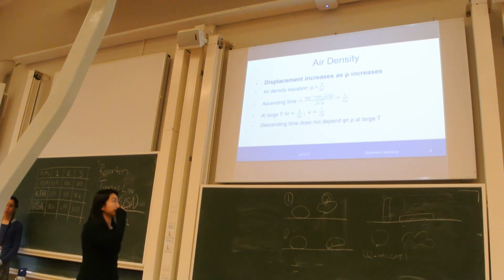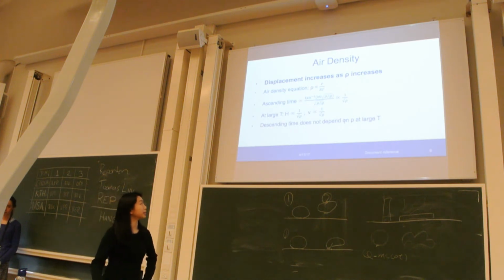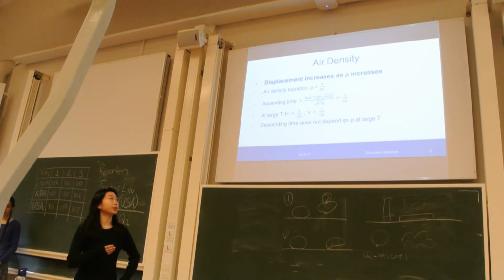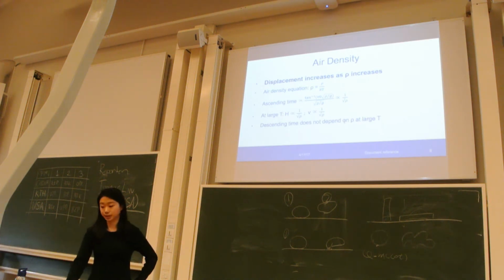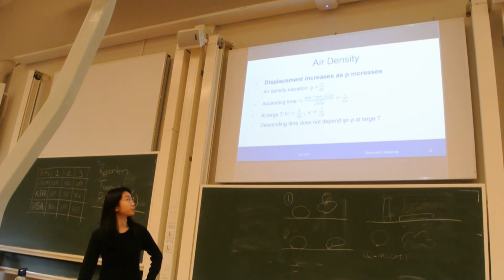Because the arctangent factor doesn't change much when V naught is big enough, say 100 meters per second, it is also proportional to 1 over square root of rho, while at large t, the descending time doesn't really depend on air density. So I conclude that the displacement from the target increases as air density increases due to drag force.